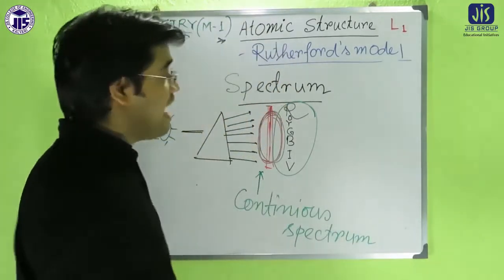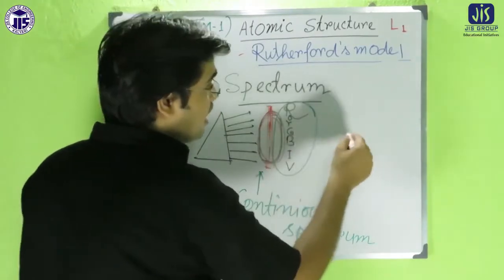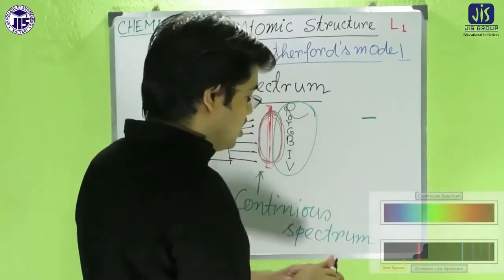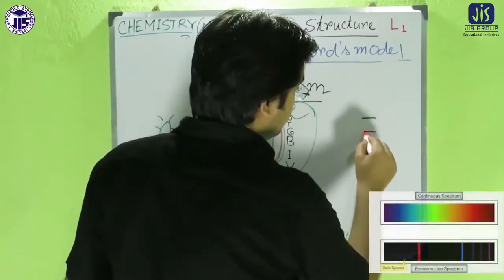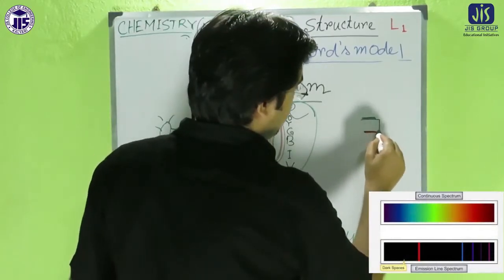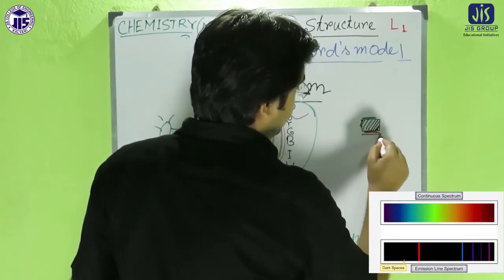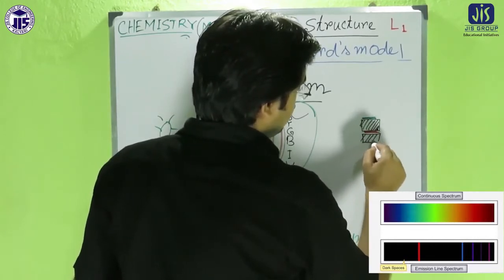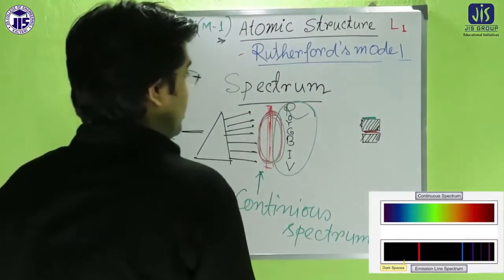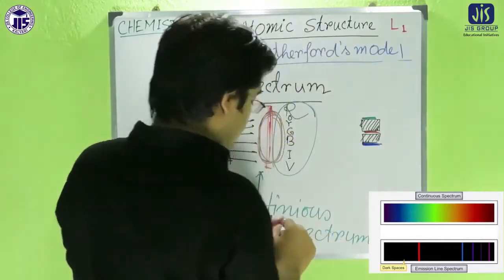And what is the line spectrum or discontinuous spectrum? Here there will be a dark region between two successive colors. Suppose it is one color and there is another color, and in between there is a dark region, then again we get another color, and again another.